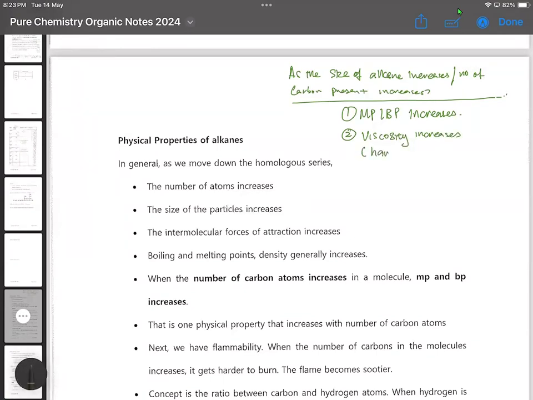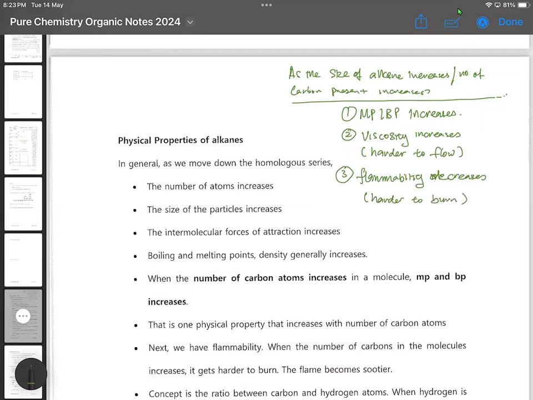This means that it's harder to flow. Number three, flammability decreases. That means it is harder to burn.